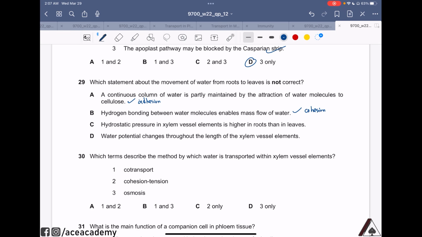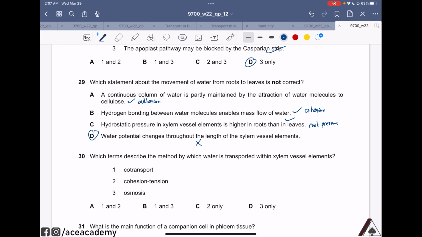Hydrostatic pressure in xylem vessel is higher in roots than in leaves. Yes, this produces a hydrostatic gradient which moves water from the roots to the leaves. This is called root pressure. So this is correct. And then water potential changes throughout the length of the xylem vessel elements. No, it's nothing like that. So D is incorrect.